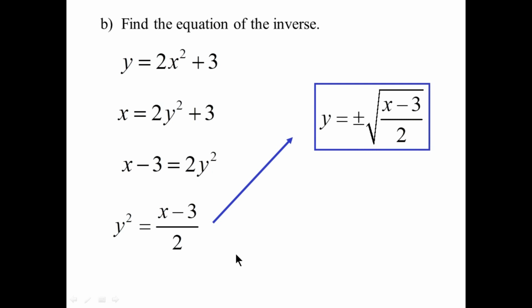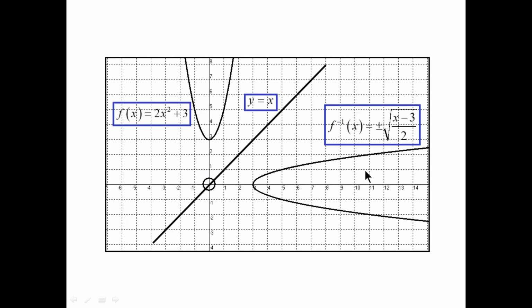So we'll take the square root of both sides, and we have the equation of our inverse. The top and bottom halves of a parabola that opens to the right. We see that the inverse is in fact a reflection about the line y equals x.